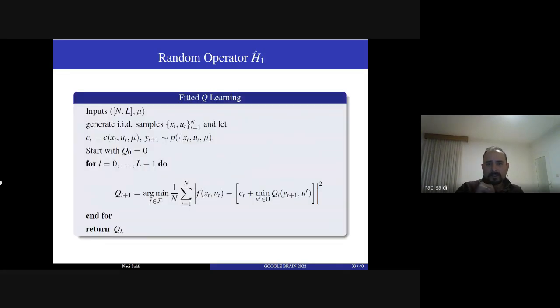And this is the fitted Q learning algorithm for average cost. As you can see here, we don't have the beta term in the description of the empirical risk. And the problem we have in average cost is the following.